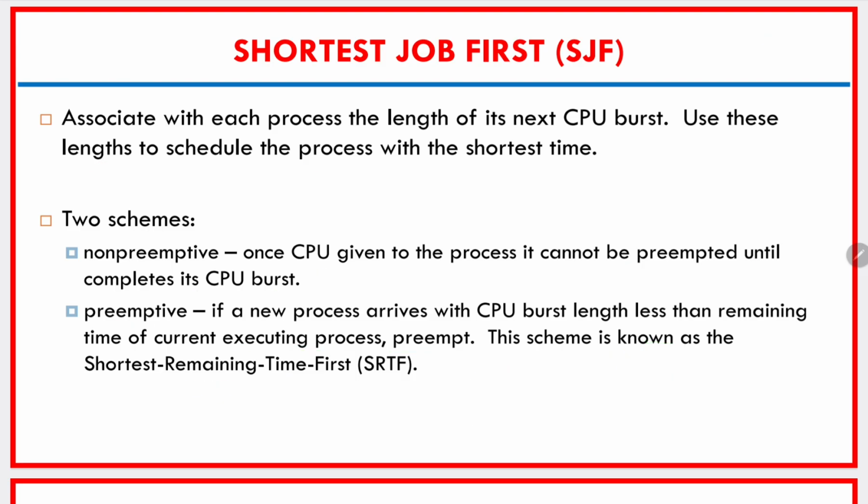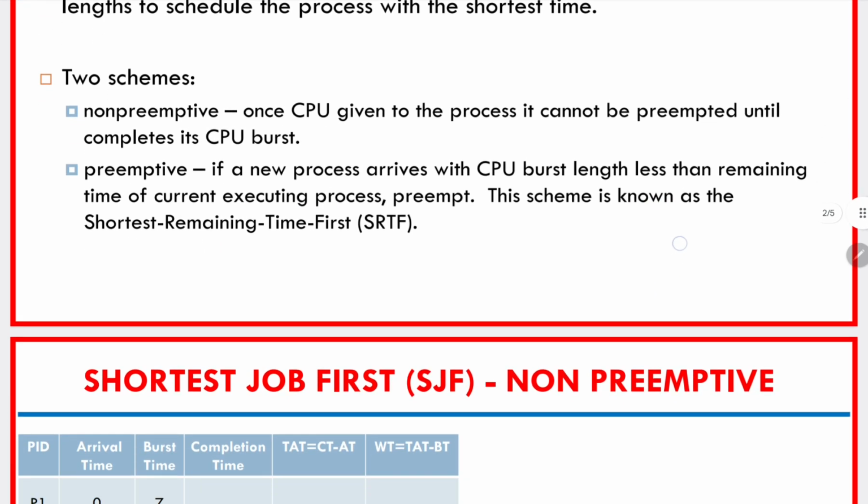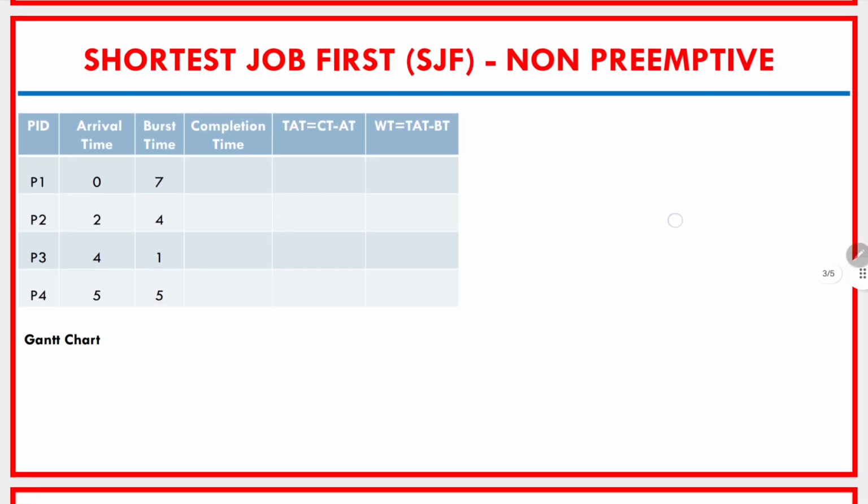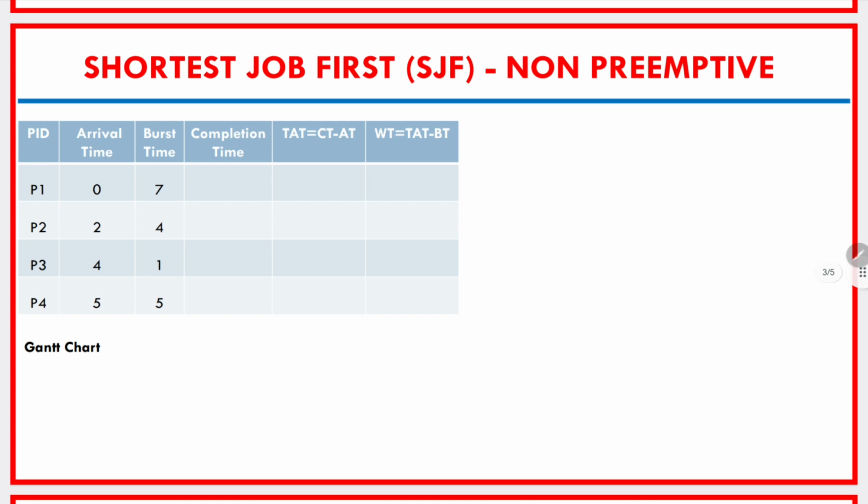So let's take a scenario where we'll discuss how it executes. Let's take the first variant of shortest job first, that is the non-preemptive variant. If you see over here, we have taken a system with 4 processes whose arrival times and burst times are given.